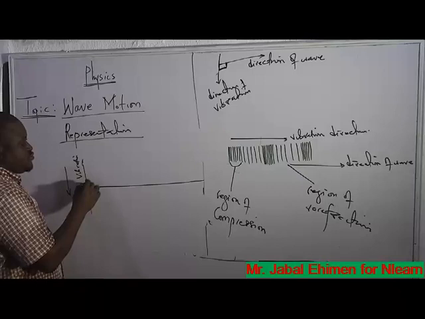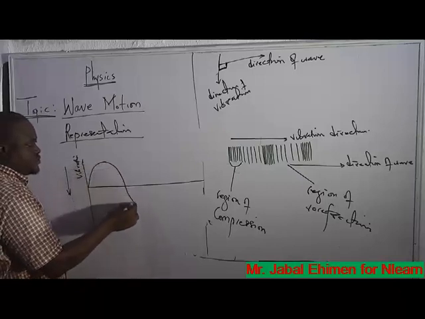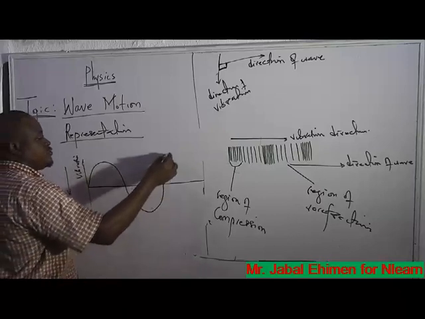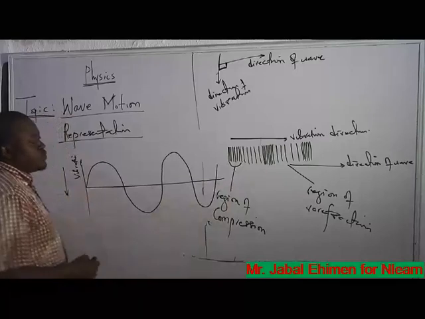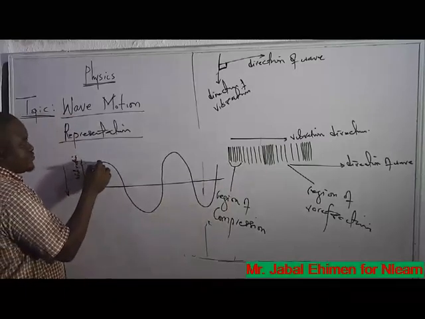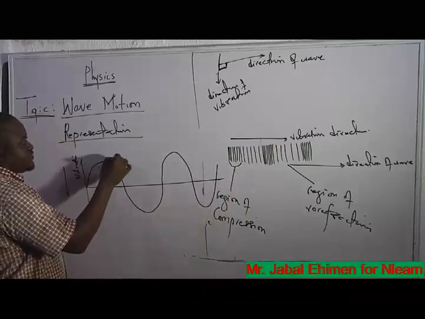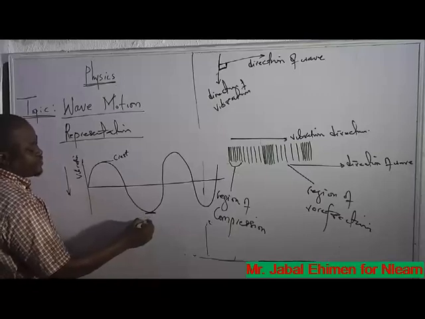For transverse, it comes, it goes. It comes, it goes. So this region of the highest level is called the crest. This region of the lowest level is called the trough.